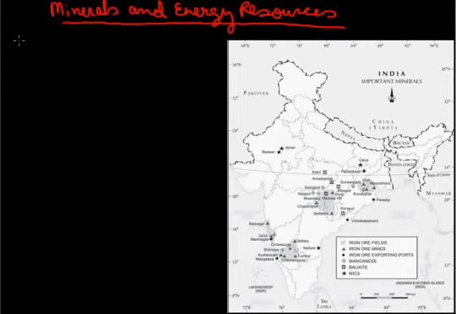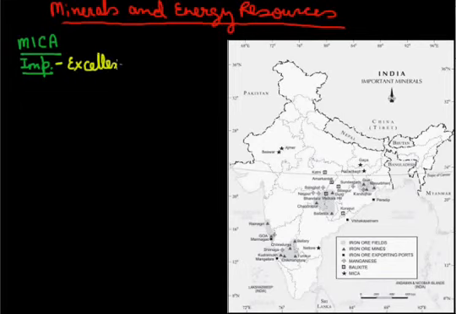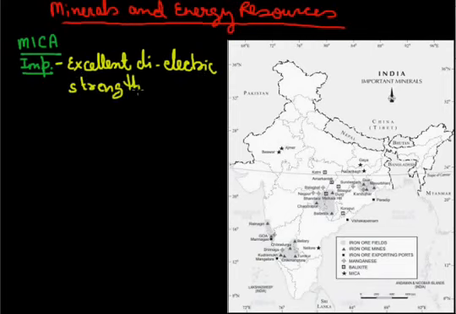In non-metallic minerals, the first example we will take is mica. As I said, in each example, first of all we have to take the importance of that mineral. Here the importance of mica is it has an excellent dielectric strength, and that is why it is used in the field of electricity.